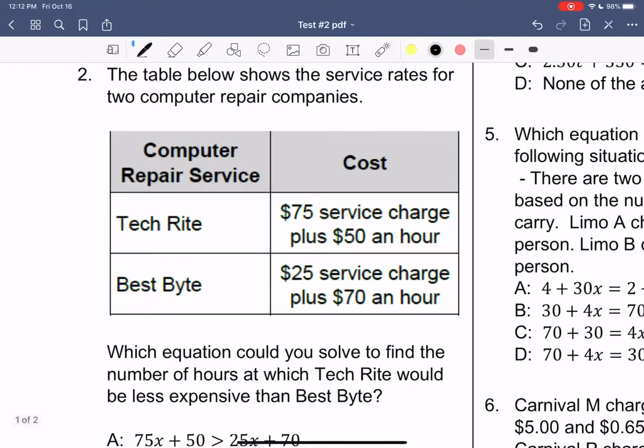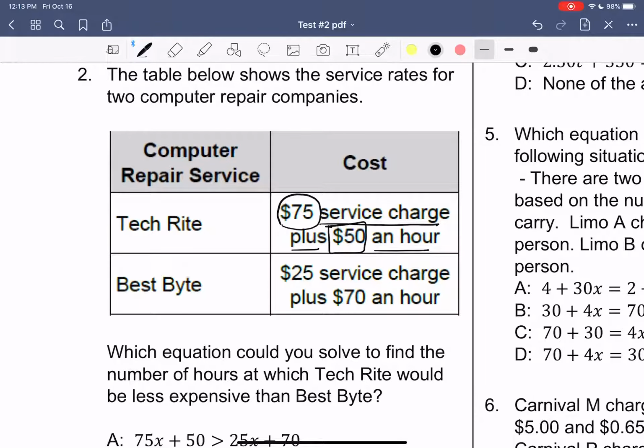Number 2, the table below shows the service rates for 2 computer repair companies, TechRite and Best Buy. So TechRite charges $75 for a service charge plus $50 an hour. So we have our constant.